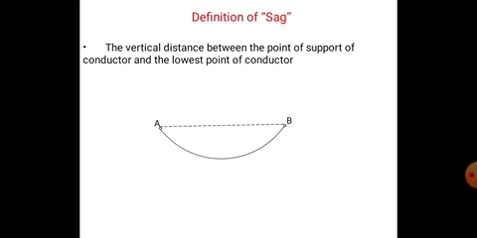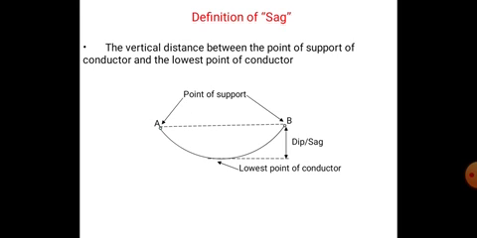The distance between A and B, the points of support, and the ground clearance between the points, the lowest point of the conductor, is known as sag, at equal levels of supports.